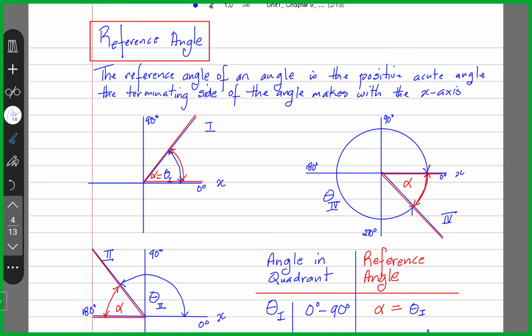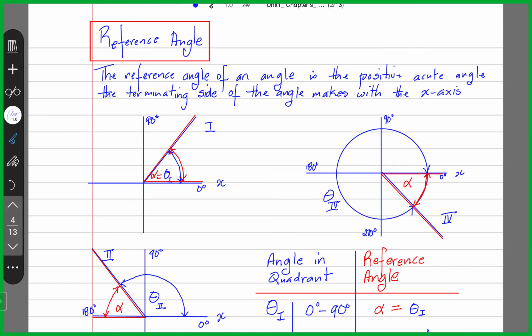All right, in the first quadrant, you'll notice that the reference angle of theta is alpha, and that alpha and theta are equal. In the first quadrant, theta is the angle. Alpha is the reference angle.